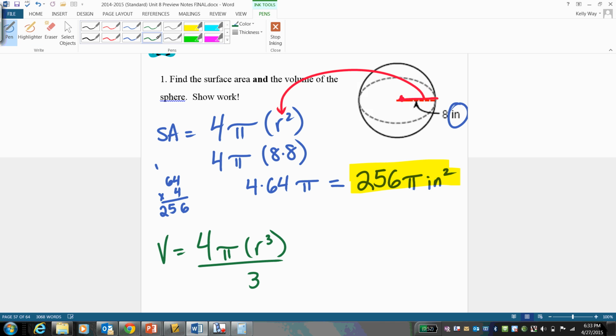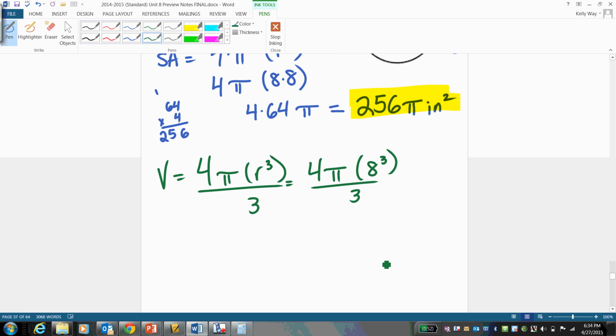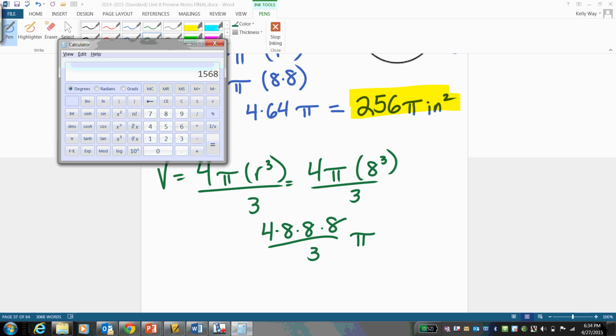Let's try volume. That's going to be 4 pi 8 cubed over 3. So that's 4 times 8 times 8 times 8 over 3 pi. Now that 3 doesn't reduce, so we're just going to multiply straight across. 4 times 8 is 32. 8 times 8 is 64.